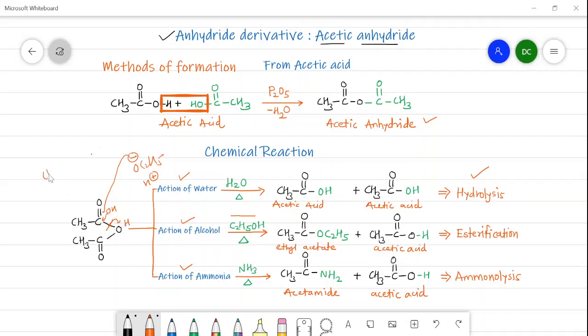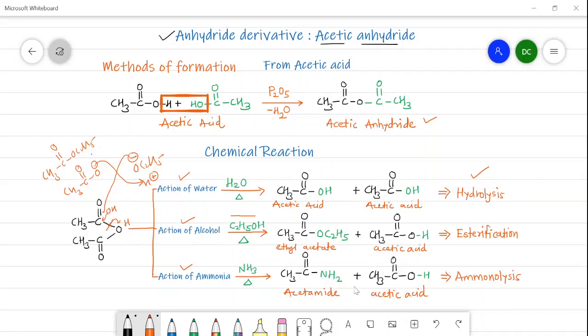Then here we get CH3CO OC2H5, and then a CH3CO O minus. And this O minus will join to the H plus, so that here we get the ethyl acetate and acetic acid. Now in the third reaction, ammonia will attack on the carbonyl carbon and it will form acetamide and acetic acid.